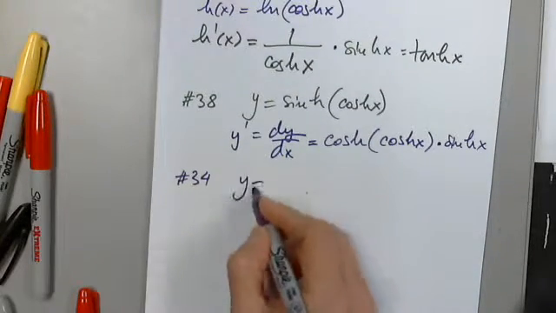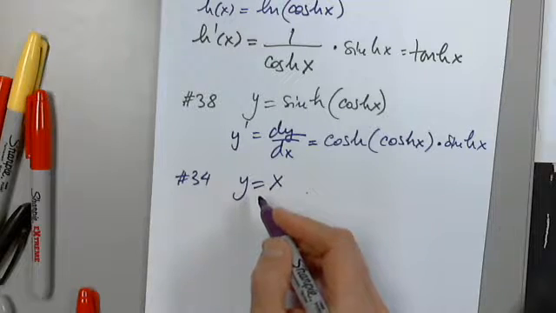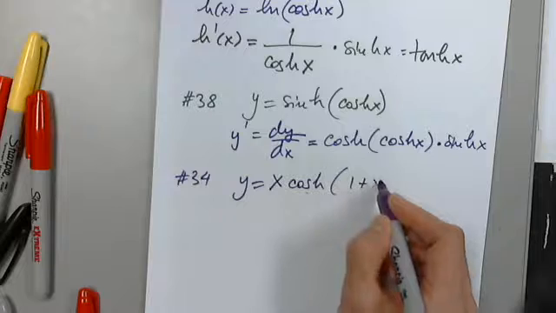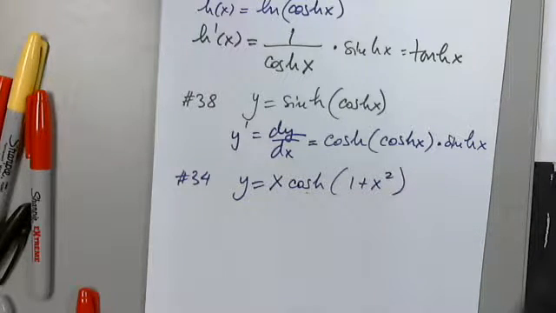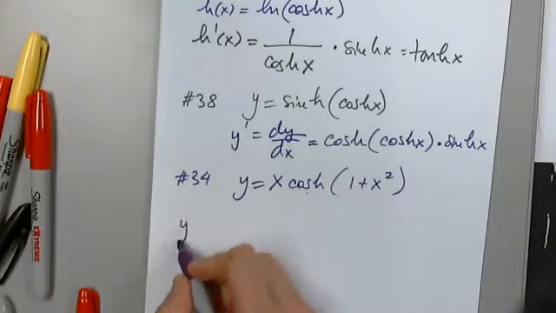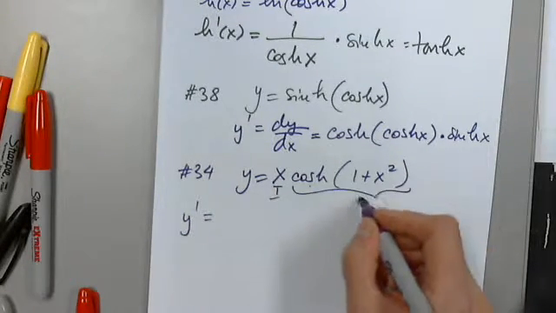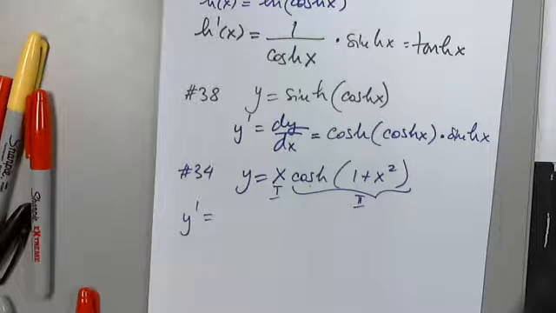We have y equals x times hyperbolic cosine of 1 plus x squared. So we have y prime is first function, second function. So what do I write?